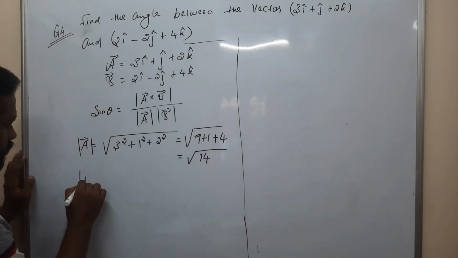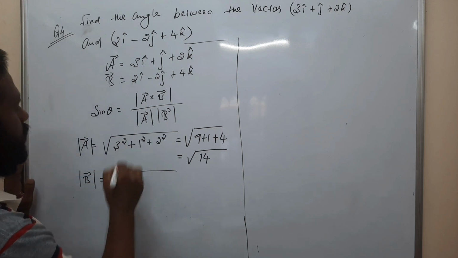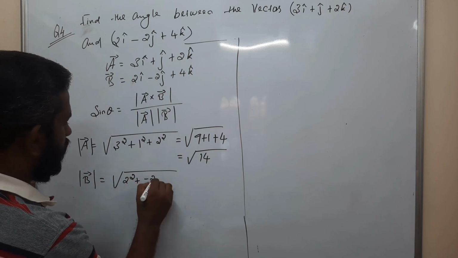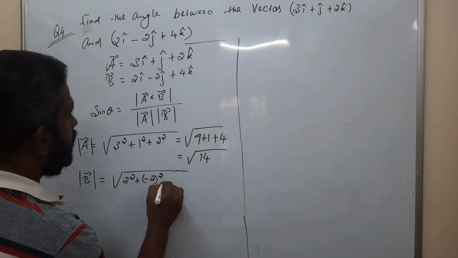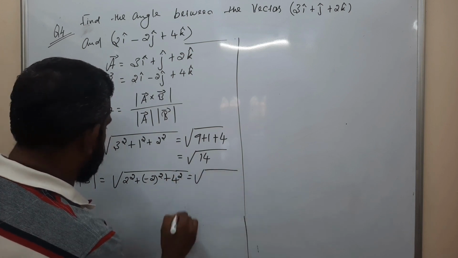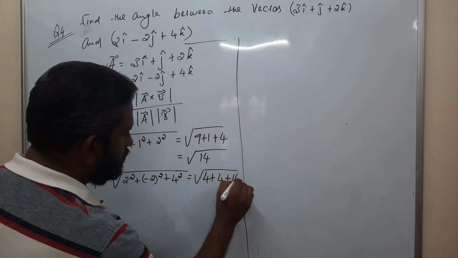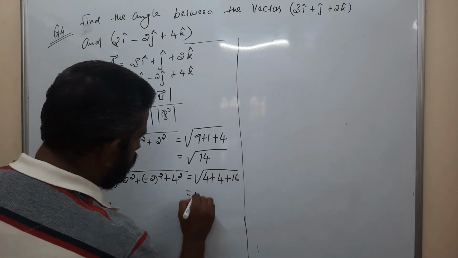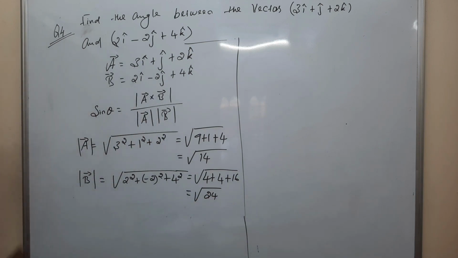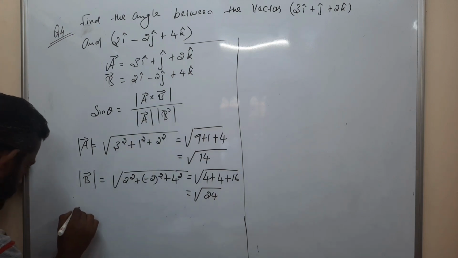The modulus of b vector is equal to square root of 2 square plus minus 2 whole square plus 4 square. That's equal to square root of 4 plus 4 plus 16, so root of 24.